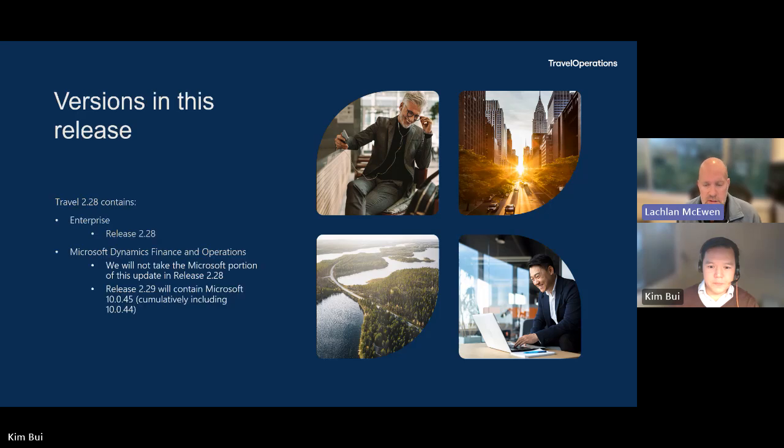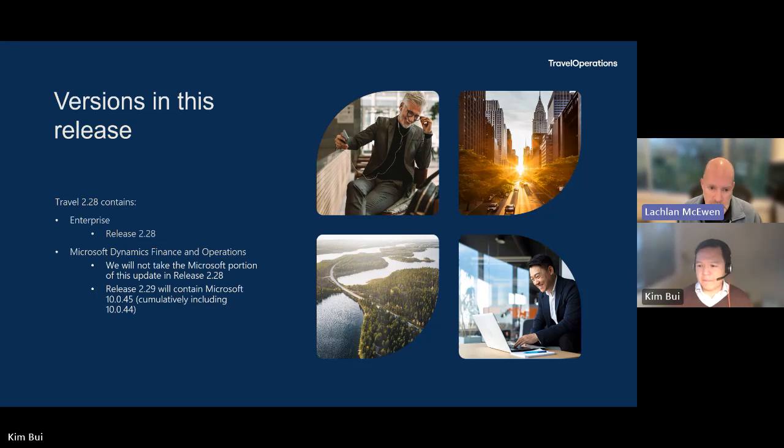Just move to the next slide, and then I can let Kim jump into it. So the release itself usually contains a minimum of 2 packages. As you can see, it's definitely the enterprise package, release 2.28. And we also obviously include Dynamics, the 365 update. However, for this release, we will not be releasing the Microsoft Finance and Operations update.